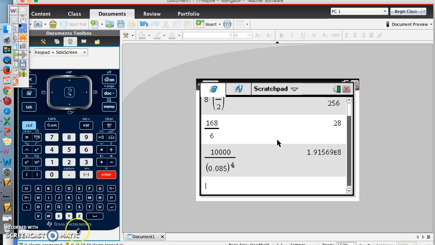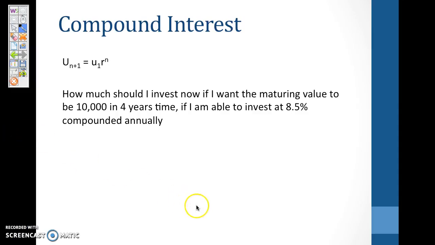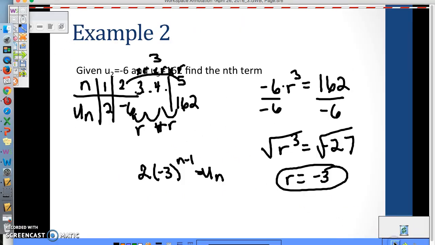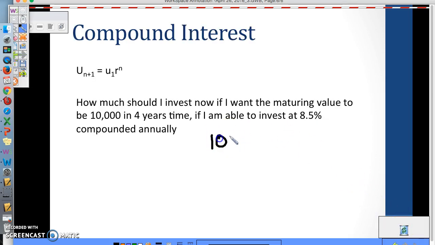And something seems a little off there. Let's double check. Did I type everything in right? So we want $10,000 equals our starting amount times 0.085 to the fourth.